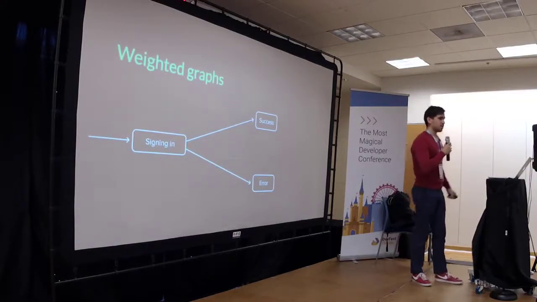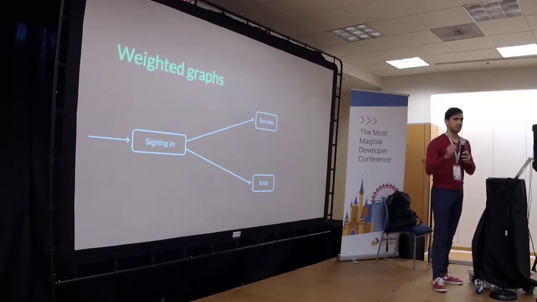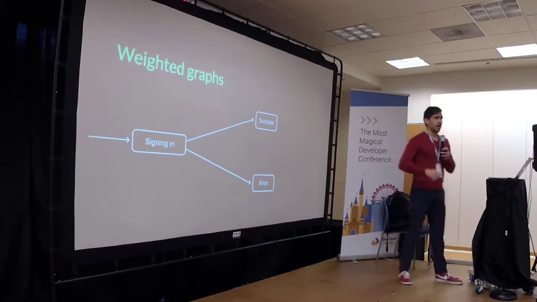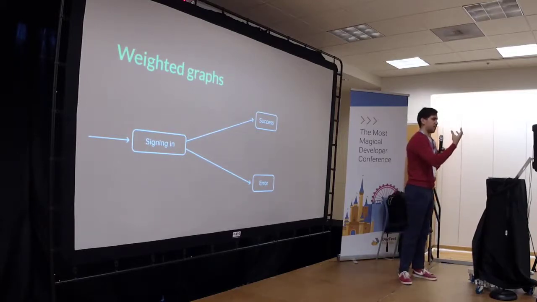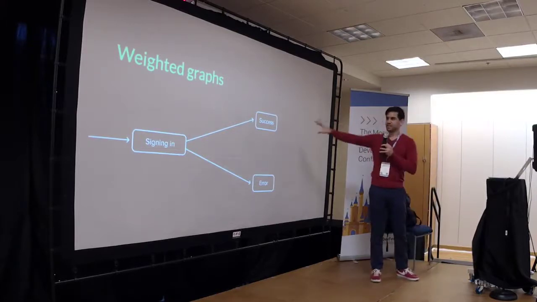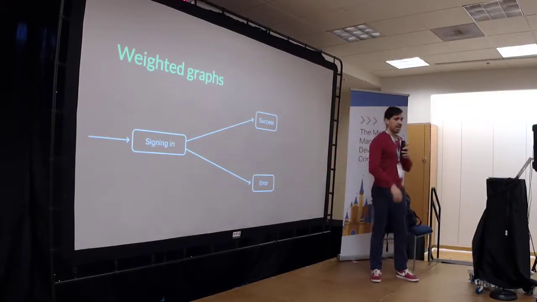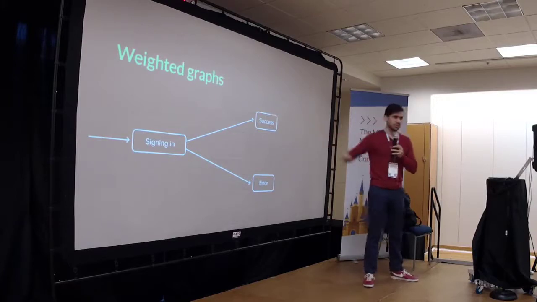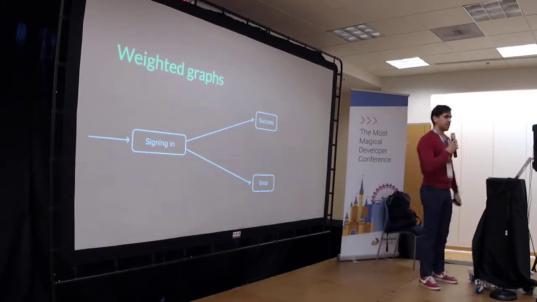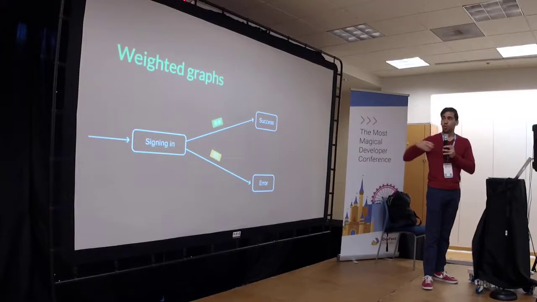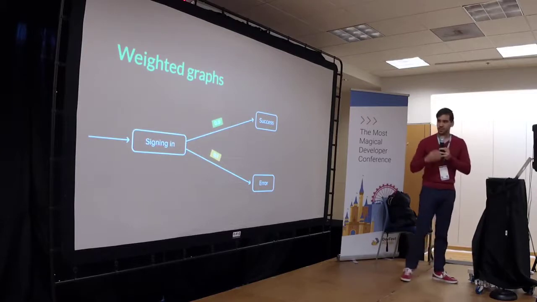So there's a few concepts we need to learn in order to do this. First is weighted graphs. A graph is just a collection of vertices and edges, or nodes and edges. And so you could think of each node as one of these states, like signing in, success, or error, and one of the edges as these arrows. But here's the thing, these edges can be weighted, which means that one can be traversed more often, or however else you want to measure the weights, like the time it takes to get from one to the other.